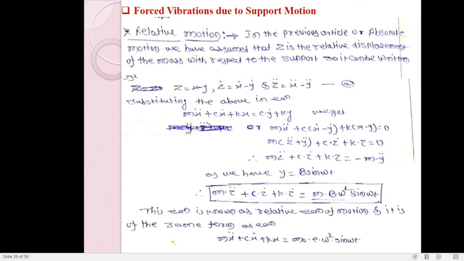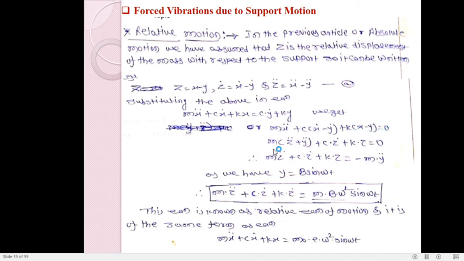Substituting this in the above equation, we get m x double dot plus c x dot plus k x is equal to c y dot plus k y. In this equation we put the values of A, so we get m x double dot plus c (x dot minus y dot) plus k (x minus y) is equal to 0.